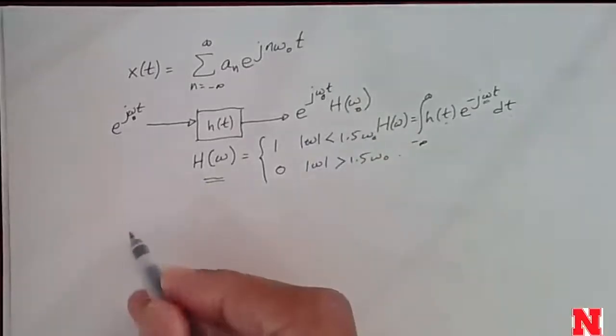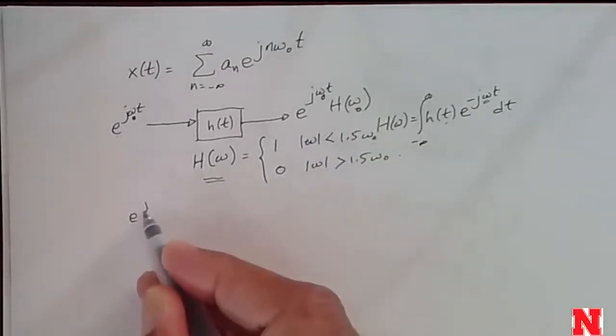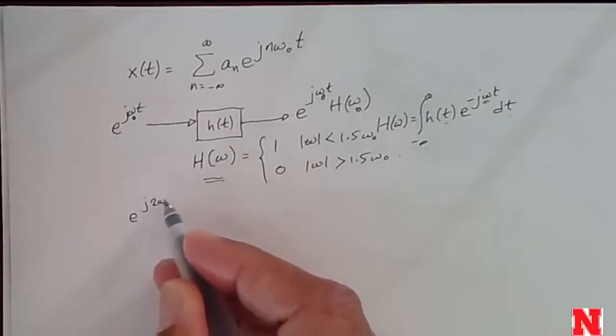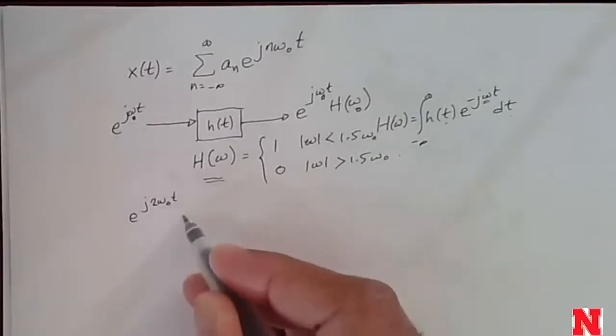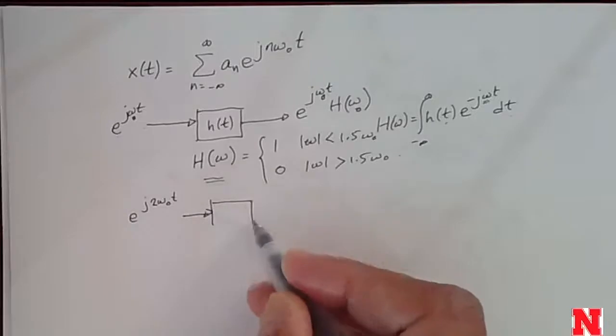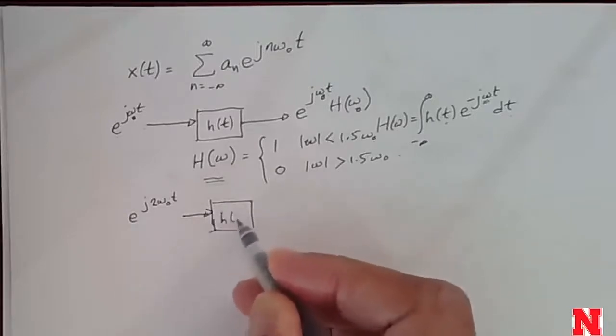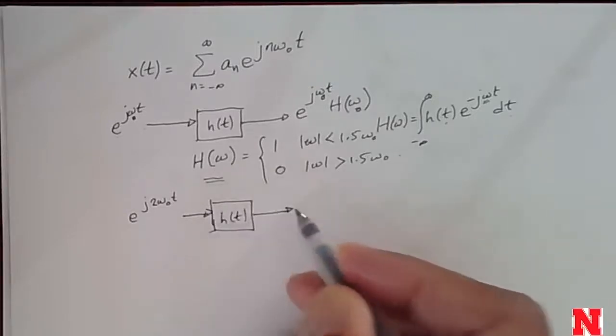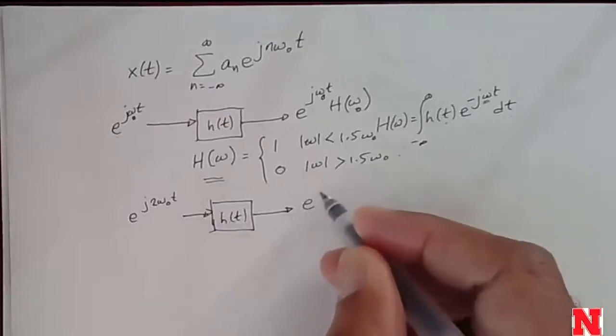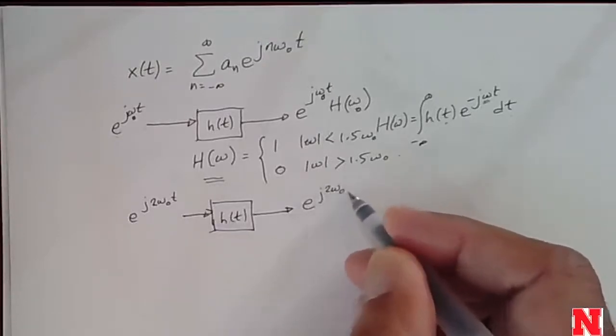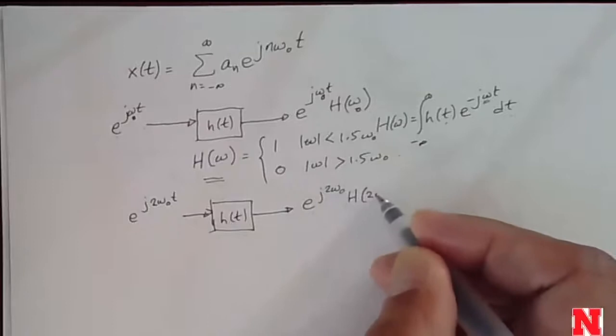If I put in e to the j 2 omega naught t into a linear time invariant system acting as a filter, then the output I'll get is e to the j 2 omega naught t h of 2 omega naught.